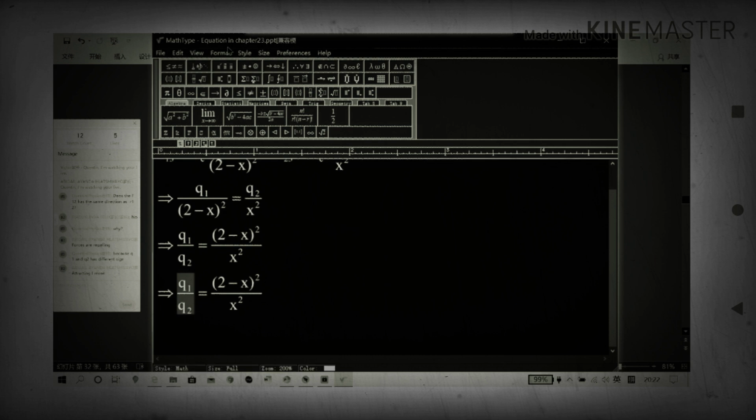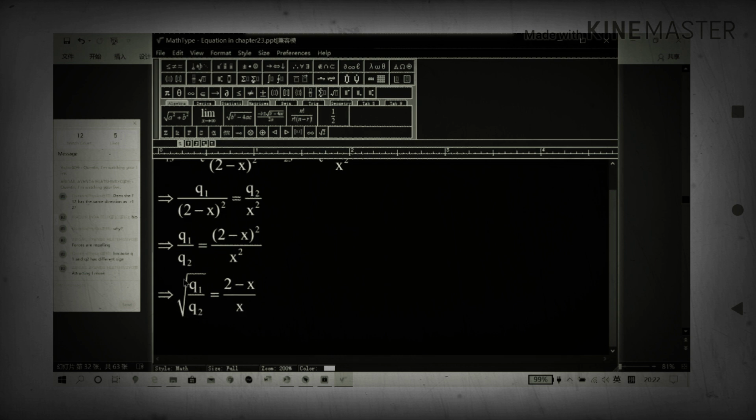With the square root, we can get rid of this square. Alright? Then we can solve for x.